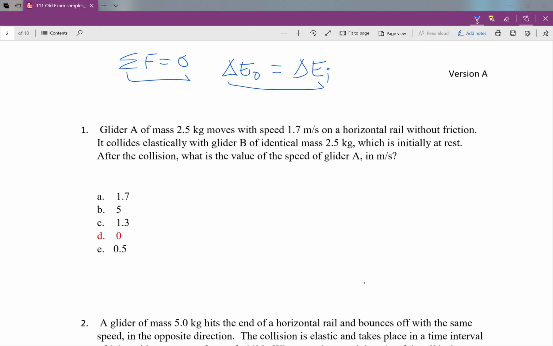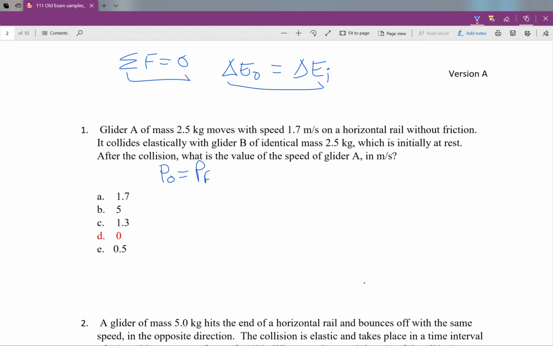We're going to have to take advantage of the fact that the sum of forces is 0 and that energy is conserved. So first we're going to use conservation of momentum, which accounts for the fact that the forces cancel out, or there's no net force. So we know that initial momentum P0 equals final momentum P final.